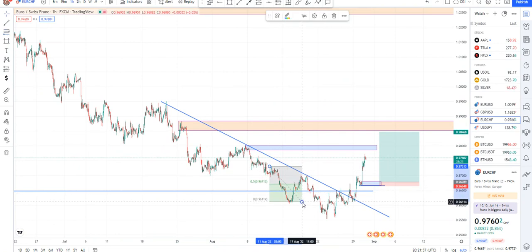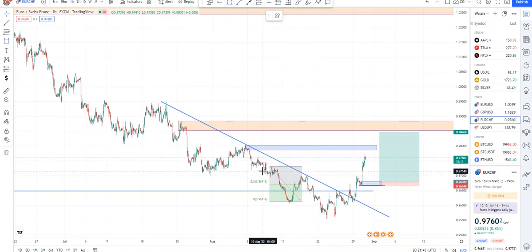Now I'll just look for a movement into the 61.8% Fibonacci, and I'll combine that with a supply zone or a resistance or a support. As long as I have these three, a resistance, Fibonacci movement into a supply zone, and price touching my trend line, I'll take that trade.